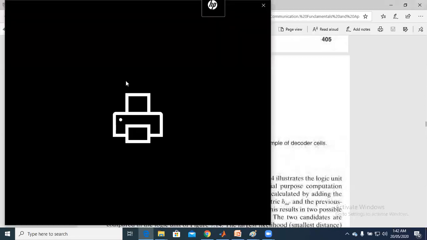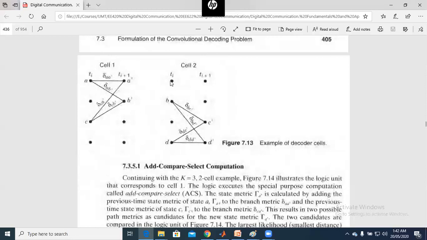So in fact, we will just add the path and then we compare.